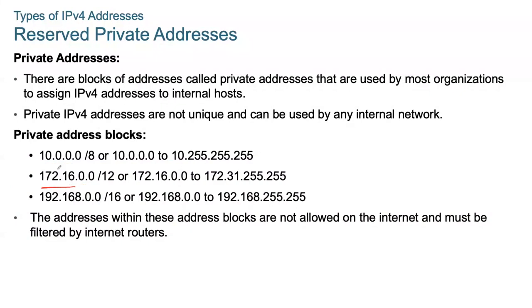If anything starts with 172.16, that is also a private IP address. And class C uses 16 bits, where the first 2 bytes are 192.168. It is also a private IP address. So if you have any IP address like 191.168.0.1, is it a private IP address or public IP address?